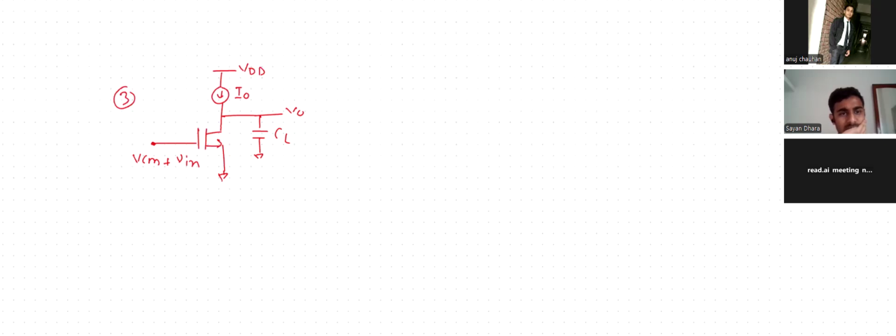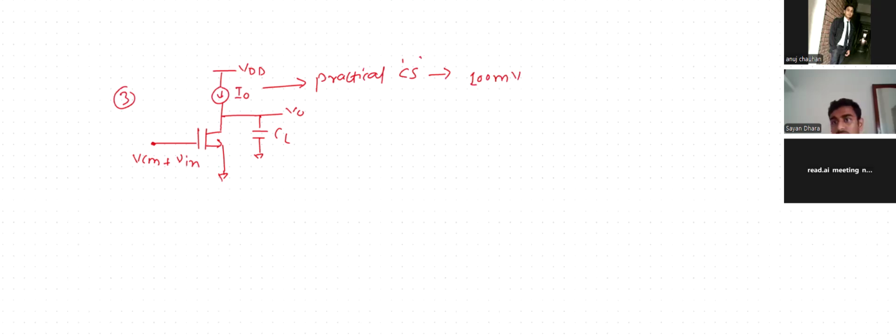Okay. So the current source is some practical current source, not ideal. It needs a minimum voltage of, let's say, some 100 millivolt to remain as a current source.